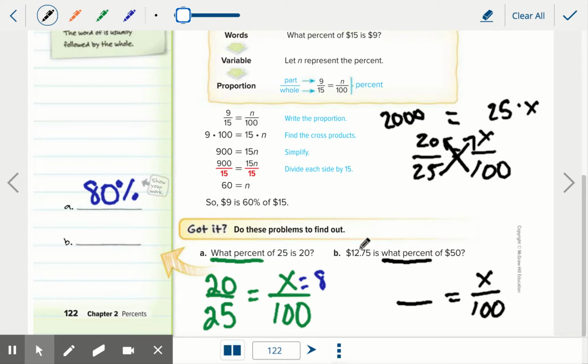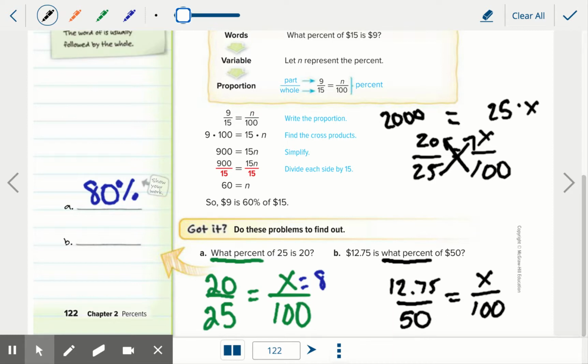Well, it's saying the $12.75 is the part, so therefore that goes on top of 50. So I would put 50 on bottom. Now again, this one I find easier just to say, hey, well, 50 times 2 gets me 100.